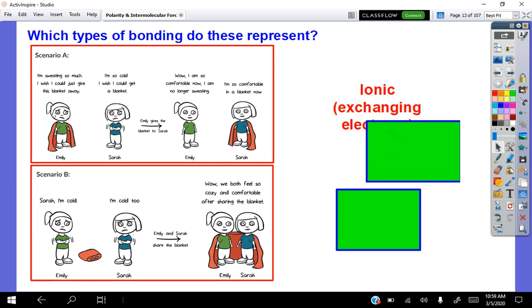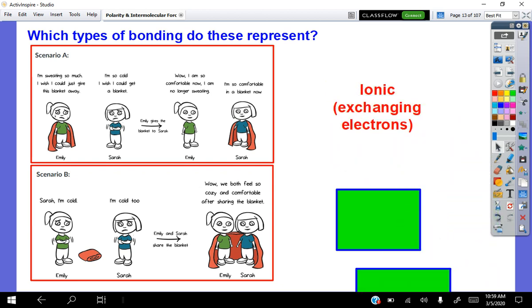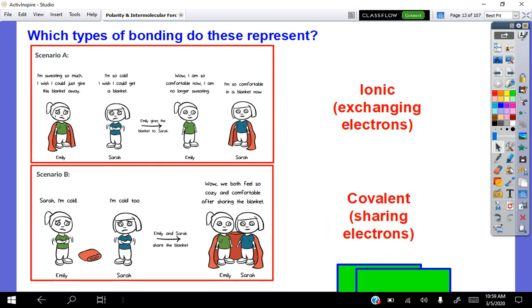So that would match up with ionic compounds, or an exchanging of our electrons. When we're talking polarity, we're primarily dealing with scenario B, where both of the atoms are participating in a sharing of electrons, and therefore they are covalent compounds.